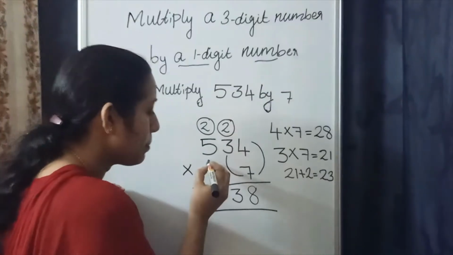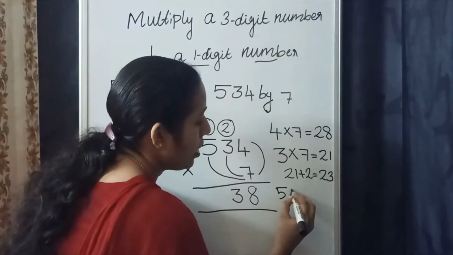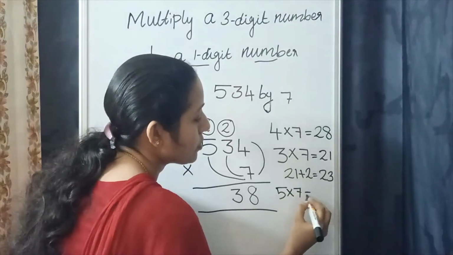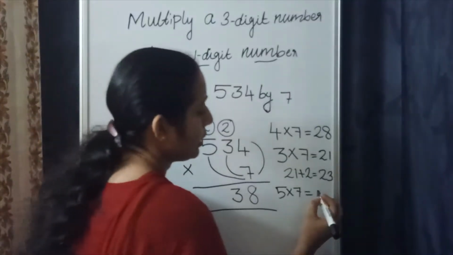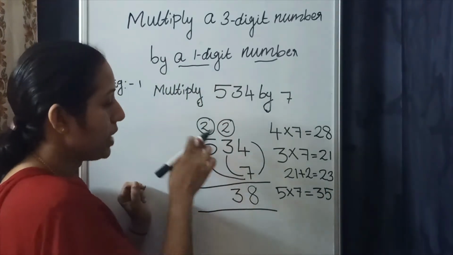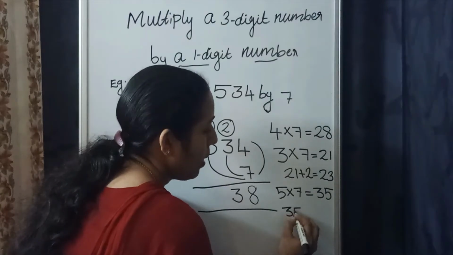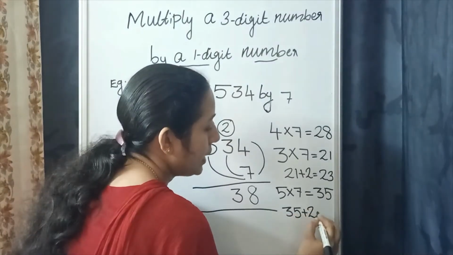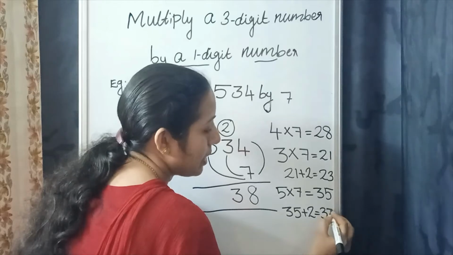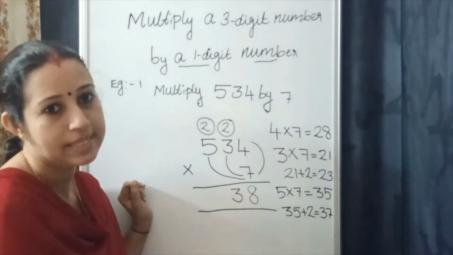The third step is we multiply the hundreds place digit and the multiplier. That is 5 into 7. 5 7s are 35. Then what is the next step? We add the carry over to this product: 35 plus 2 we get 37.